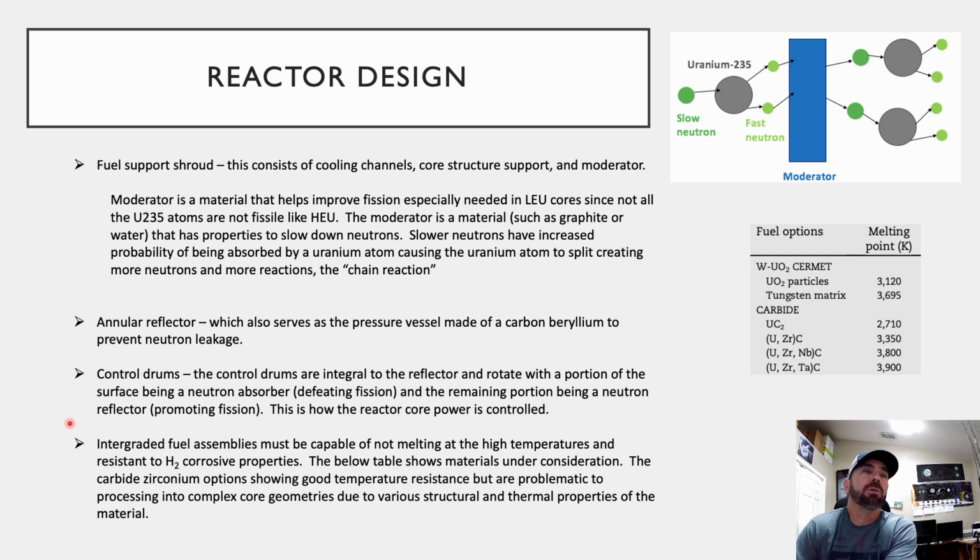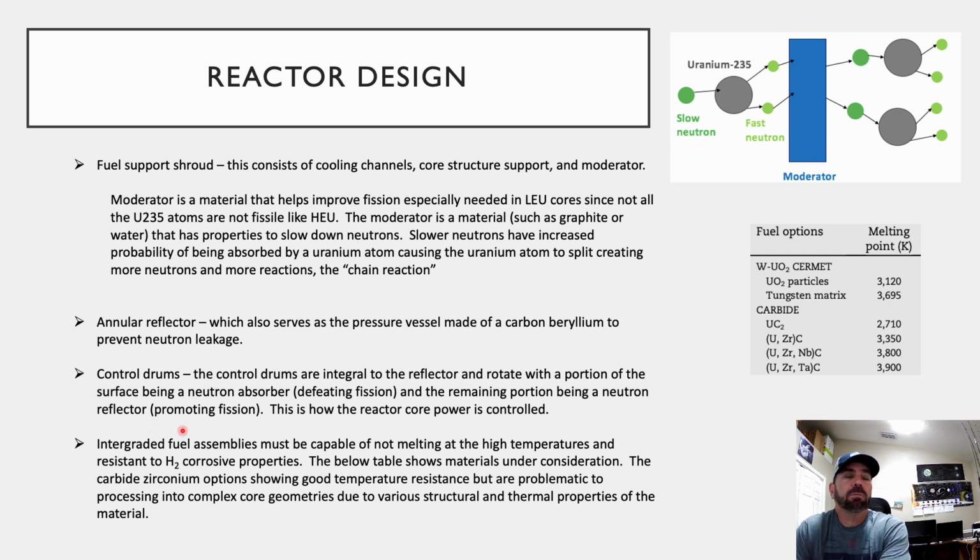And then finally, the integrated fuel assemblies. These are typically made up of a tubing cladding that holds the nuclear fuel pellets. The cladding is typically a zirconium material, and the fuel pellets are typically a uranium carbide material.